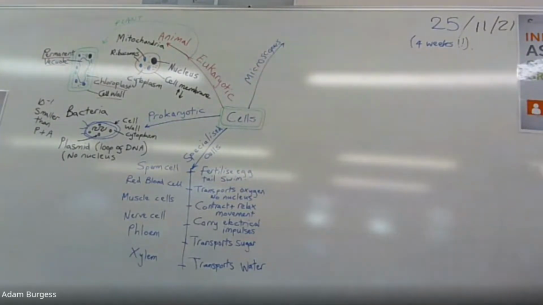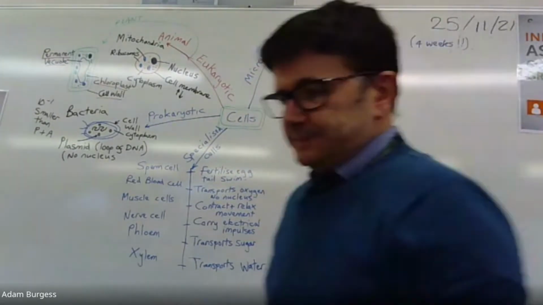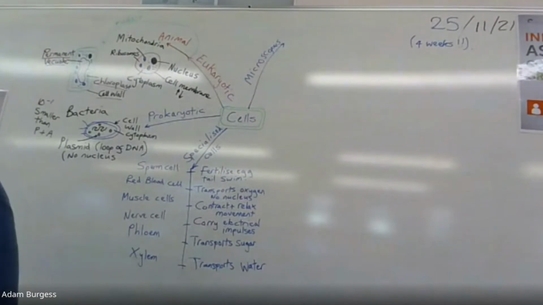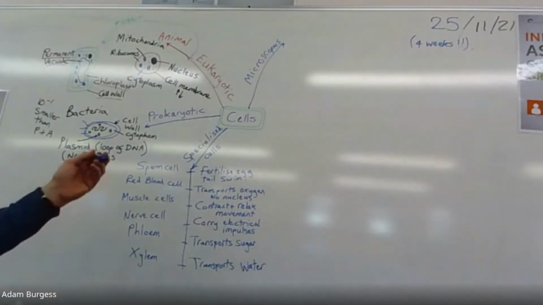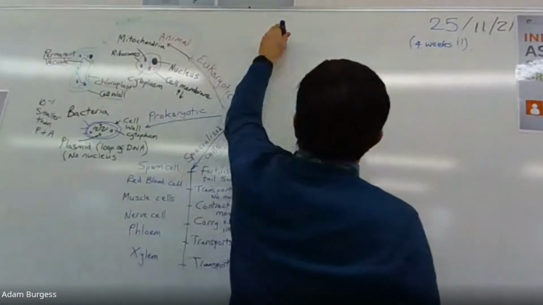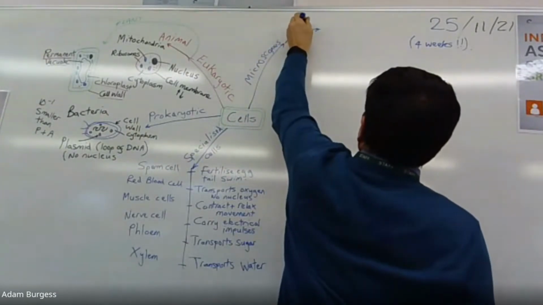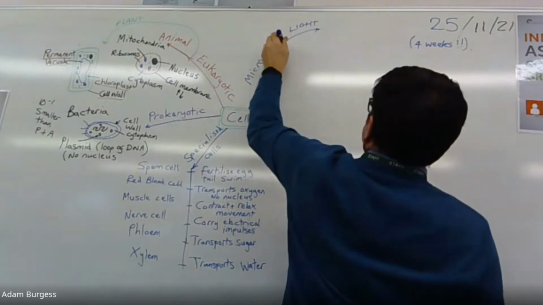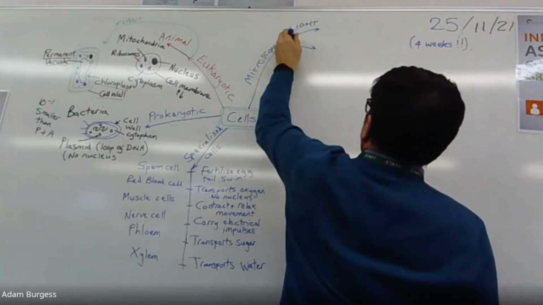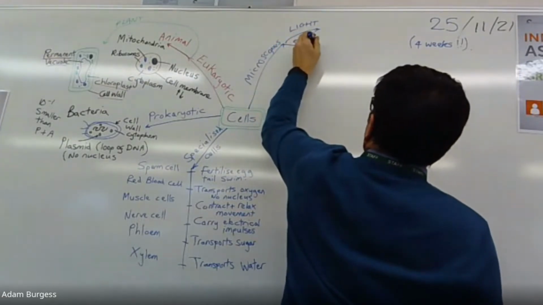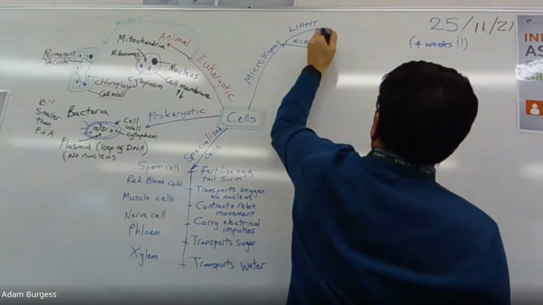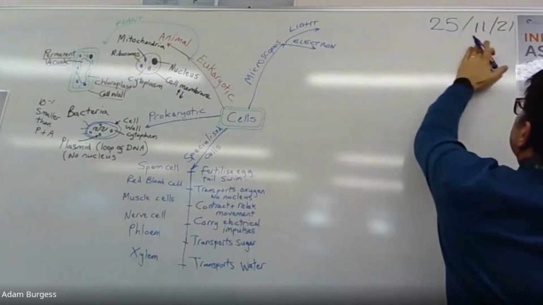Okay, let's talk about microscopes next. So, there are two types of microscopes we need to know about. That is light, okay, and electron. I'm going to write a couple of features of each very quickly.